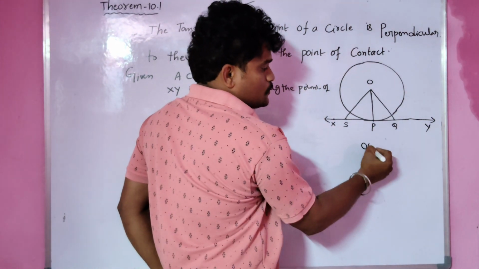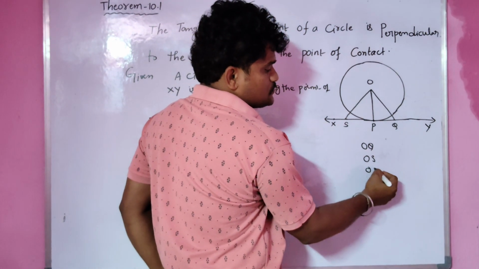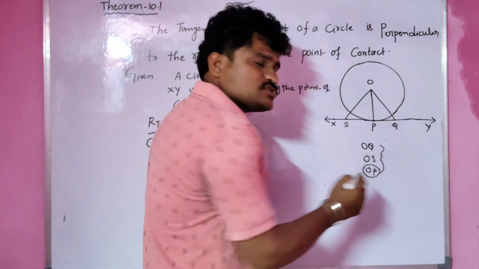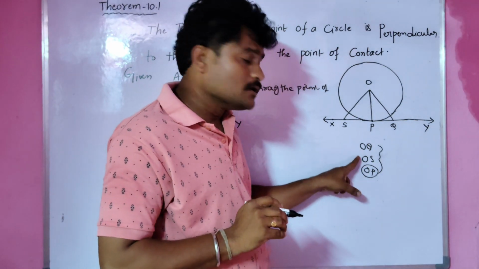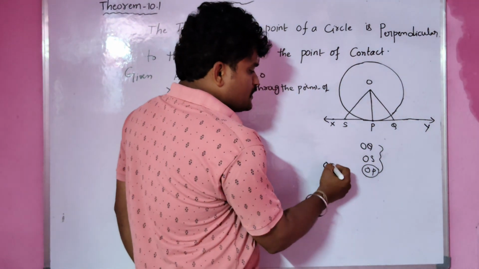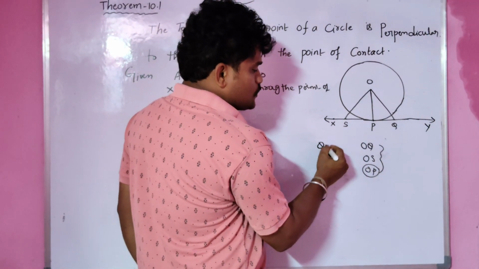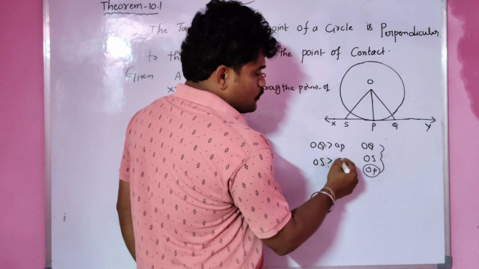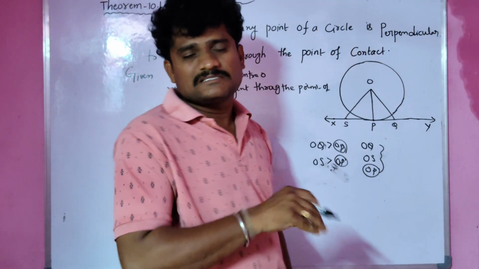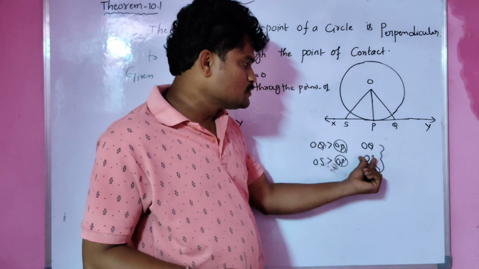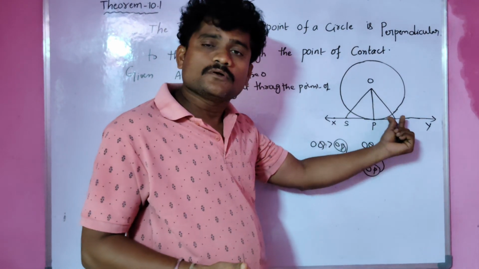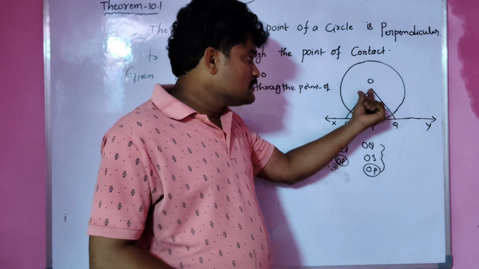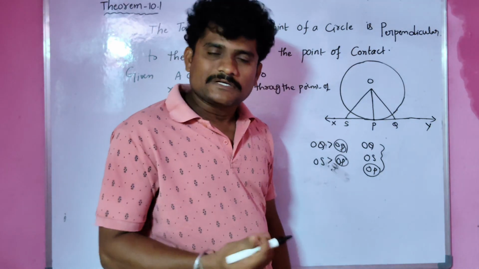Among the three distances OQ, OS and OP, we need to prove OP is shorter than OQ and OS. If OQ is greater than OP, and OS is greater than OP, that means OP is shorter than the remaining two distances from the center to any point on the tangent, then it is proved that the shortest distance is the radius, and that should be perpendicular to the tangent.